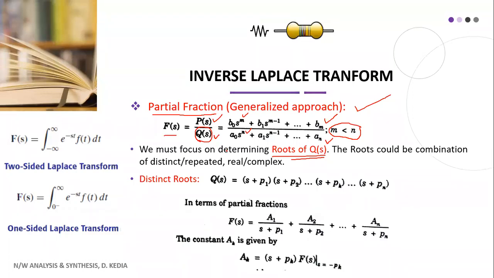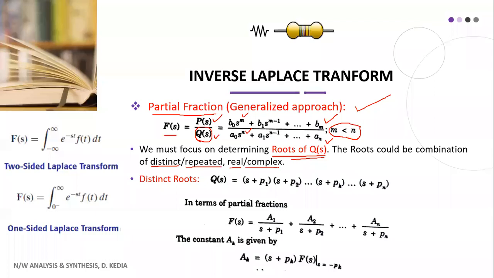We have all studied quadratic equations and third order equations, so in most cases you will come across second order or third order equations whose roots could be distinct, meaning separate roots, repeated roots, real, or complex numbers.